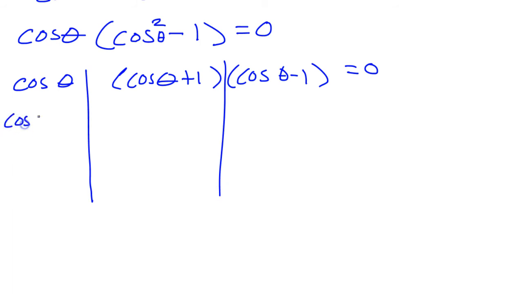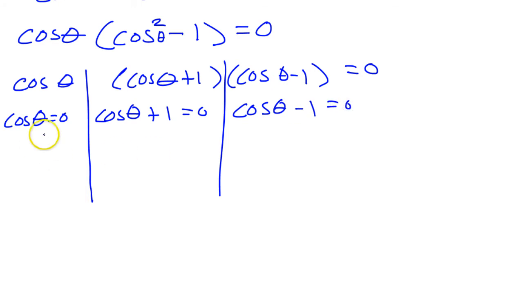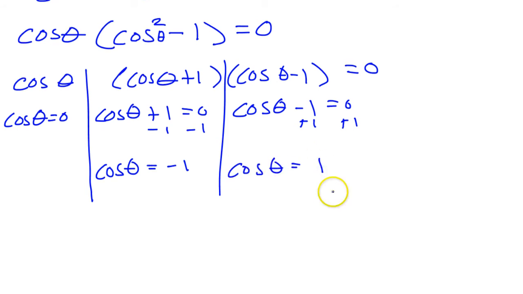So here I have cosine theta is equal to 0. And here I have cosine theta plus 1 is equal to 0. And cosine theta minus 1 is equal to 0. This is already solved, but over here I'm going to subtract 1. So that gives me cosine theta is equal to negative 1. And here I'm going to add 1. So that'll give me cosine theta is equal to positive 1.